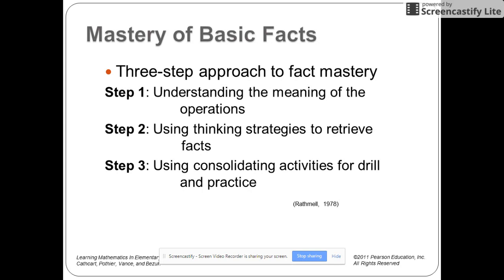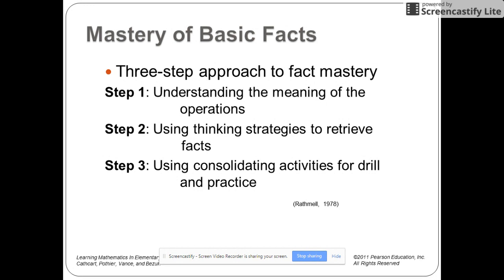So you need to be very consistent in what language you use, because that's the academic language of mathematics in kindergarten and first grade. So we're putting together and adding to for addition, and we're taking apart and taking from with subtraction.